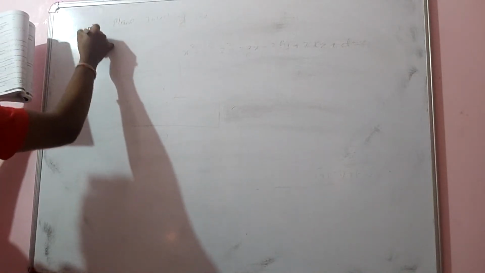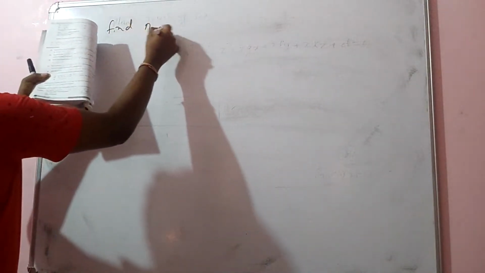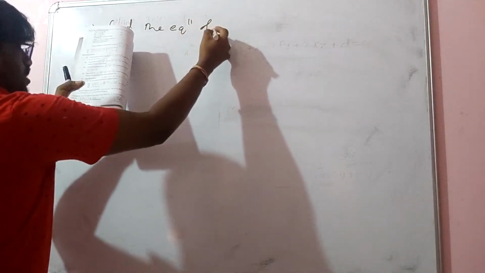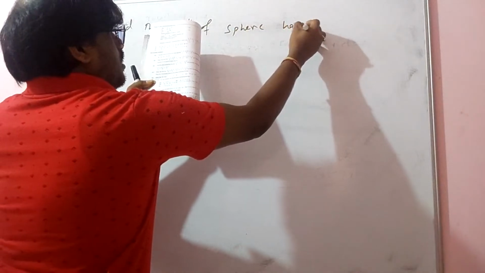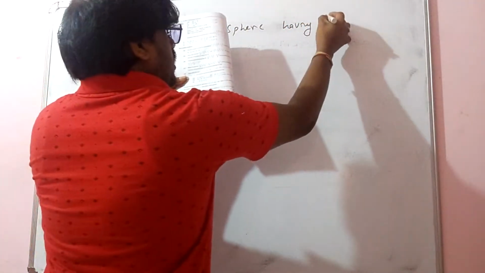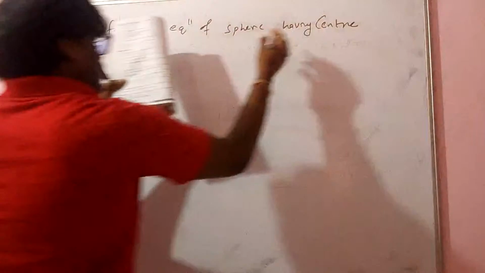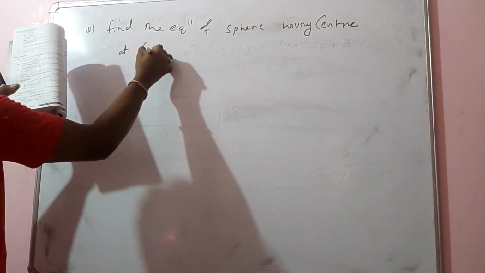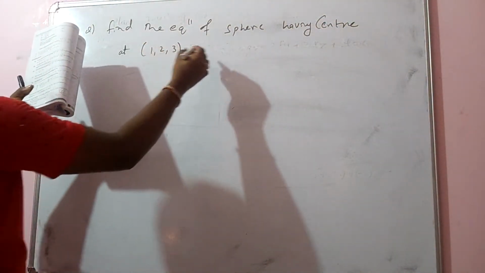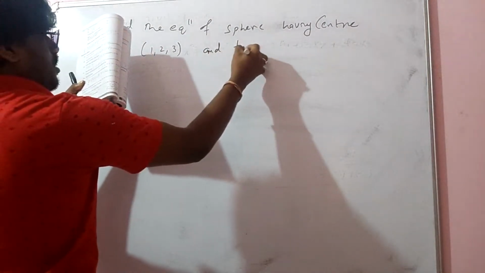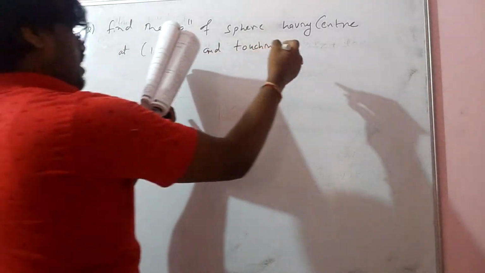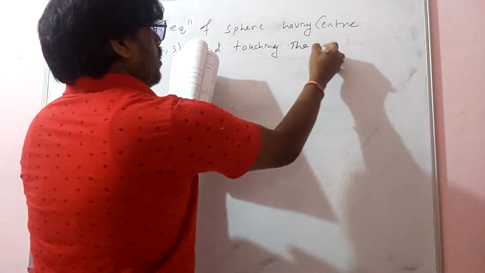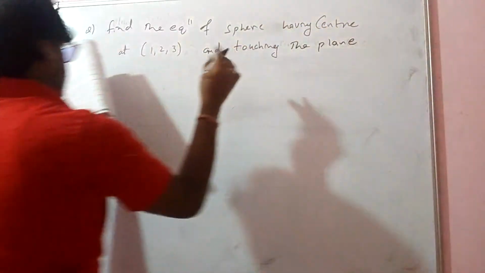Find the equation of the sphere having center at (1, 2, 3) and touching the plane x + 2y + 3z = 0.